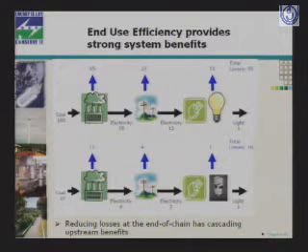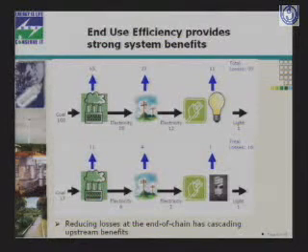Therefore, the electricity which needs to be generated at the power station is only 6 units. The losses in the system are still 40%. And therefore, the amount of coal that the power station needs is only 17 units instead of 100 units. So the total losses are 16 instead of 99, to provide the same amount of useful energy service.